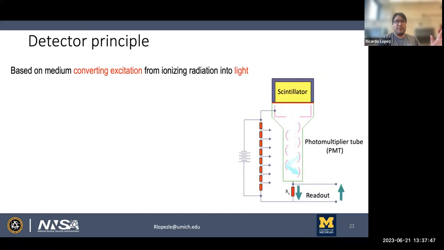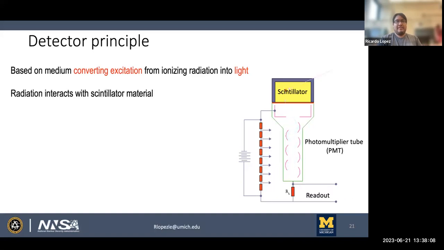The principle for a scintillator detector is that you have the actual scintillator detector volume or crystal, and you couple that to, as I mentioned before, a photodetector. So something that could take those photons from the ionizing radiation and create a signal.